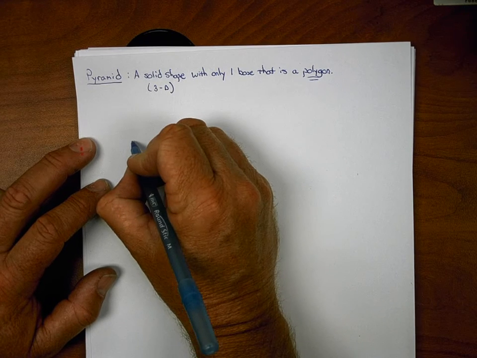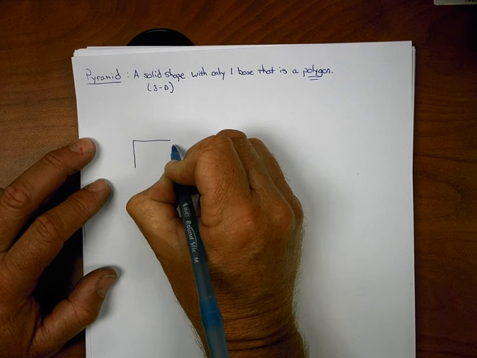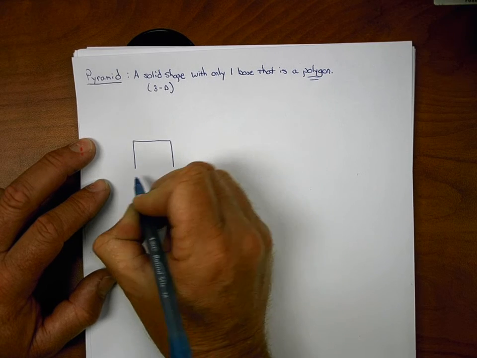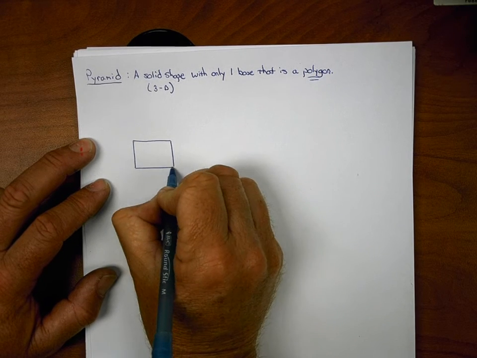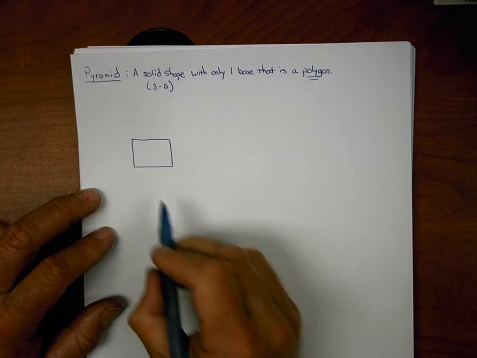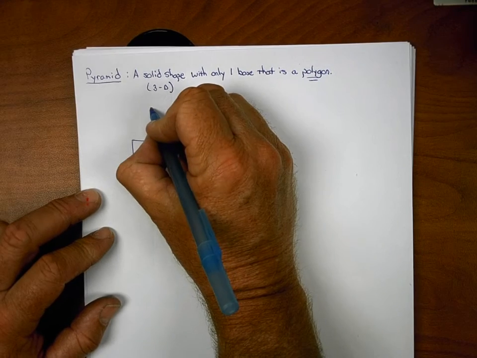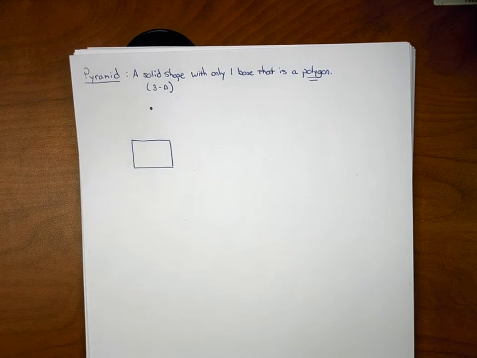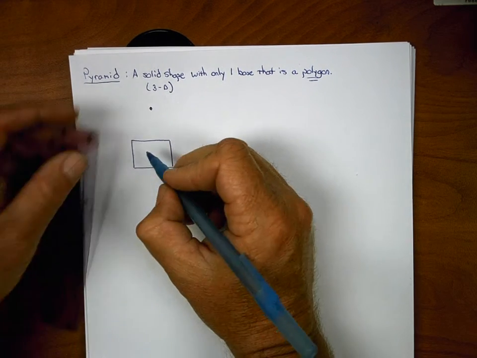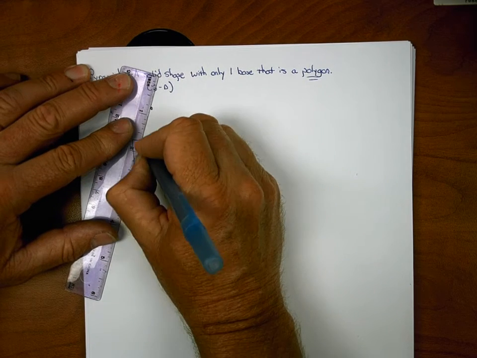So here is an example of a pyramid, and this is probably the easiest way to draw a pyramid. I'm going to first draw a pyramid where the base is a square or a rectangle. Go ahead and draw a square on your notes, and then above that square, put a point like that, and then just connect all four corners of your square to that point above the square.